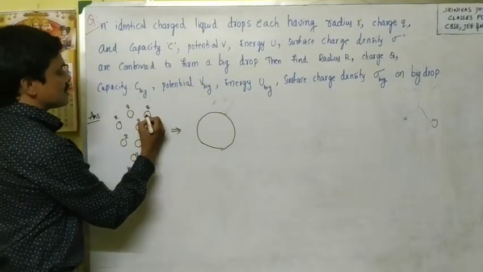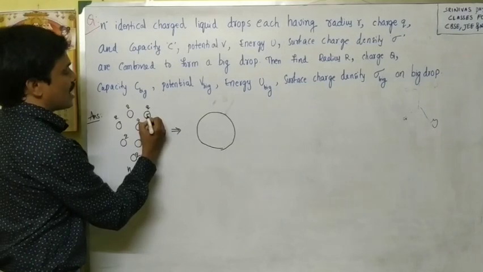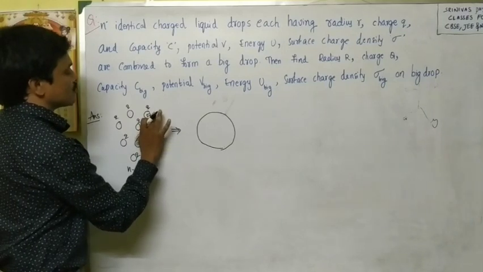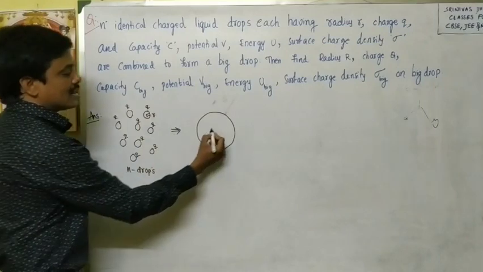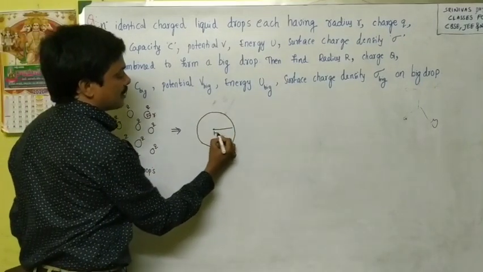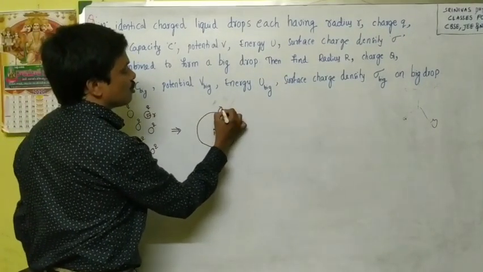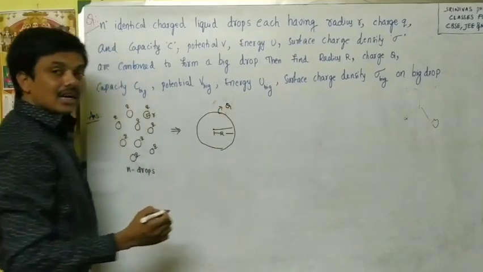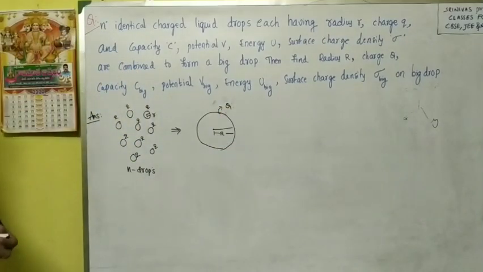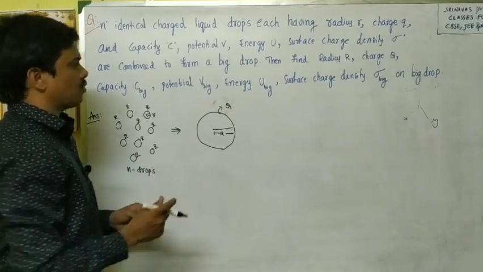The radius of the smaller drop is small r, and the radius of the bigger drop is capital R. The charge on the bigger drop is capital Q. The potential on the bigger drop is V big. These all things we have to find out.